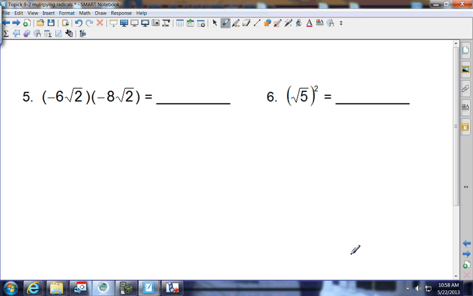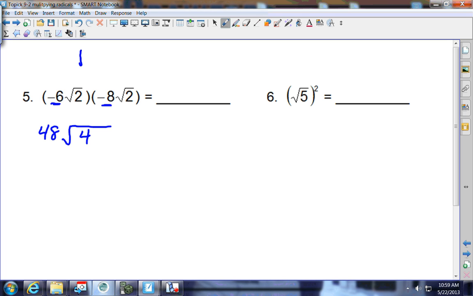Okay, here's the next ones. Starting here with number 5. First thing you're going to do is multiply the numbers out in front. -6 times -8, +48. Underneath the square root sign, 2 times 2 is 4.